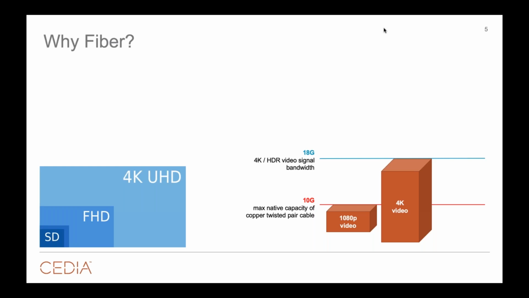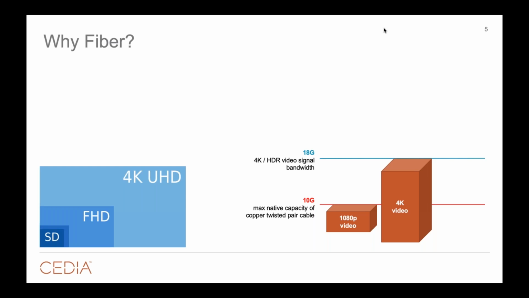And that's really important because when we look at Cat 5, Cat 6, Cat 6A, Cat 7, it all maxes out at 10 gig. But just about every installation we talk about now, we're pushing 4K 60, 444 HDR up to 18 gig. So the signals we're working with today are exceeding the max capacity of our Twisted Pair cable.